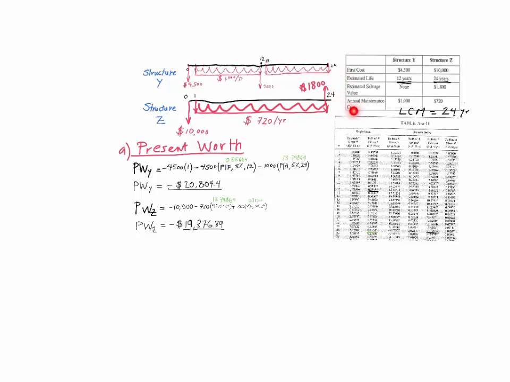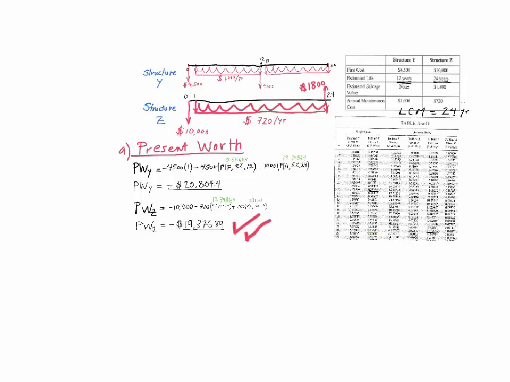And now while comparing, we see both of them are negative, which makes sense because if you look here in the table, nothing is given referring to revenue. So all of them are negative except for a tiny revenue at the end, the salvage for structure Z. So the idea now is both of them perform the same function, the same revenue, which we ignore, and then we compare between them and select the one that gives us the least cost.